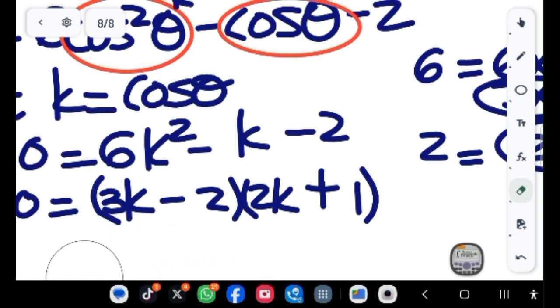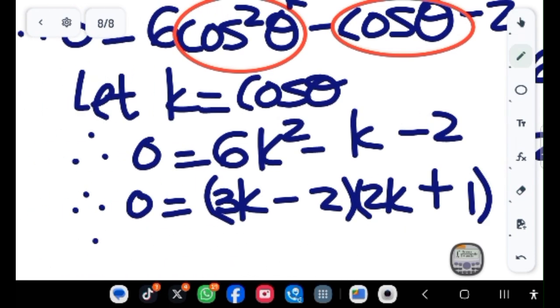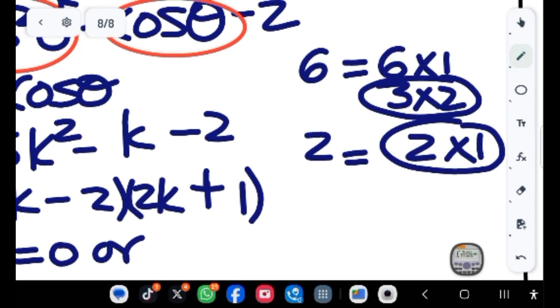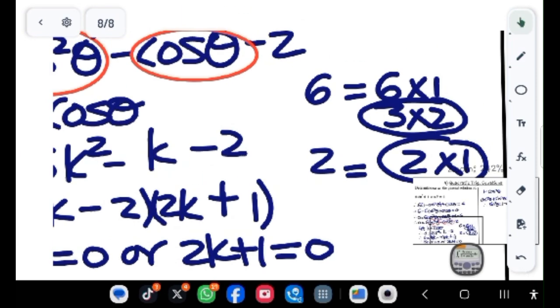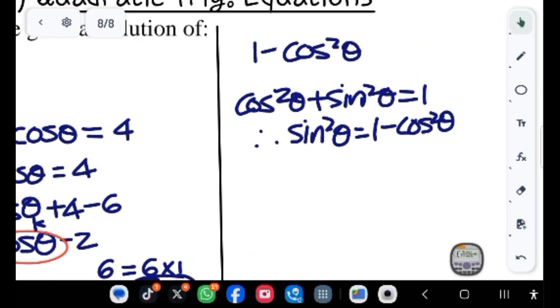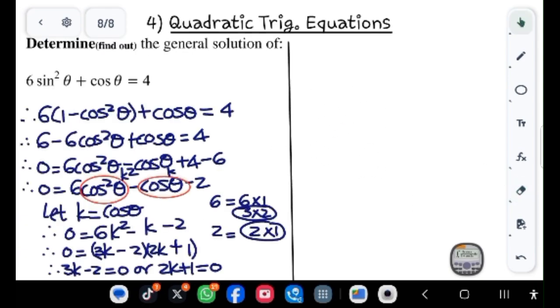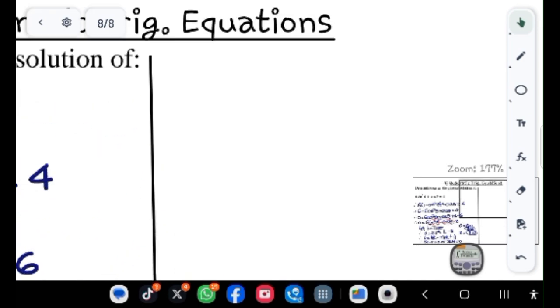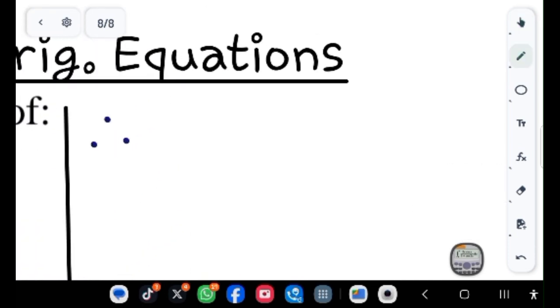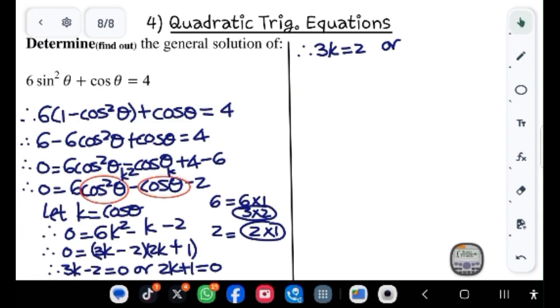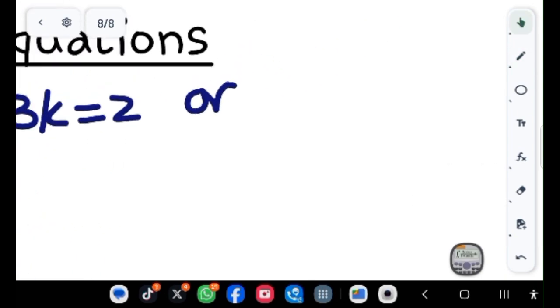Perfect. So now we go, therefore 3k minus 2 equals 0 and 2k plus 1 equals 0. Never skip this step. A lot of people skip this step and they get into trouble. That's when you make silly mistakes. Now let's sort that out. So we have 3k equals 2, or 2k equals minus 1.